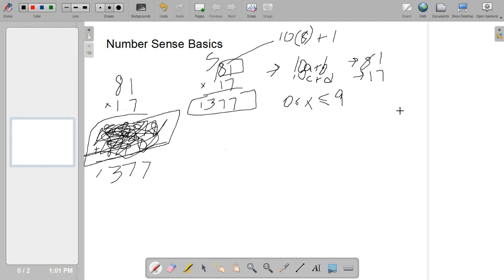Okay. Now, for people that have taken Algebra 2, they should know how to multiply polynomials. And this is just a polynomial that you can multiply with ease.